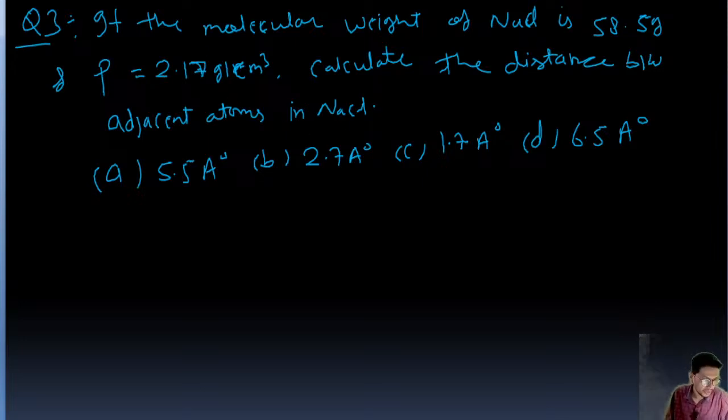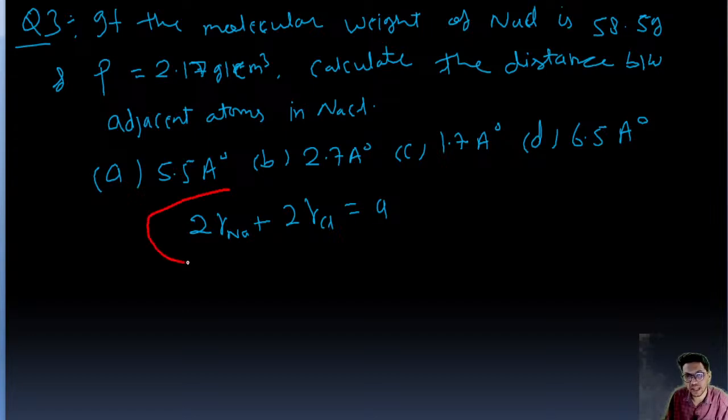So I'll solve it for you. For the NaCl structure, rock salt we also call it, we know 2 into radius of sodium and 2 into radius of chlorine equal to a. This is what we know, guys. You need to note down.